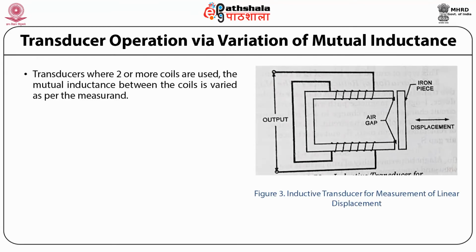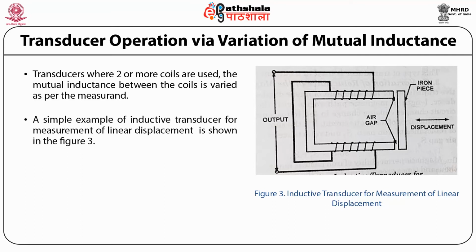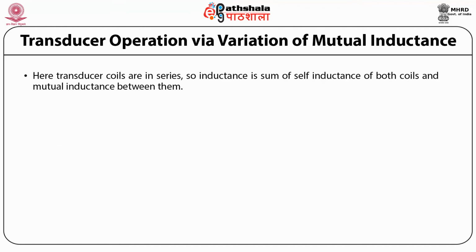In transducers where two or more coils are used, mutual inductance between the coils is varied as per the measurand. A simple example of inductive transducer for measurement of linear displacement is shown in figure 3. Here, the transducer coils are in series, so inductance is the sum of self-inductance of both the coils and the mutual inductance between them.